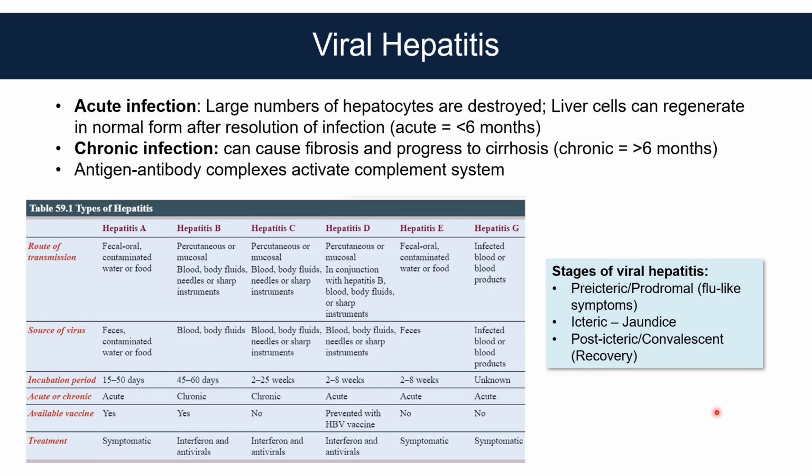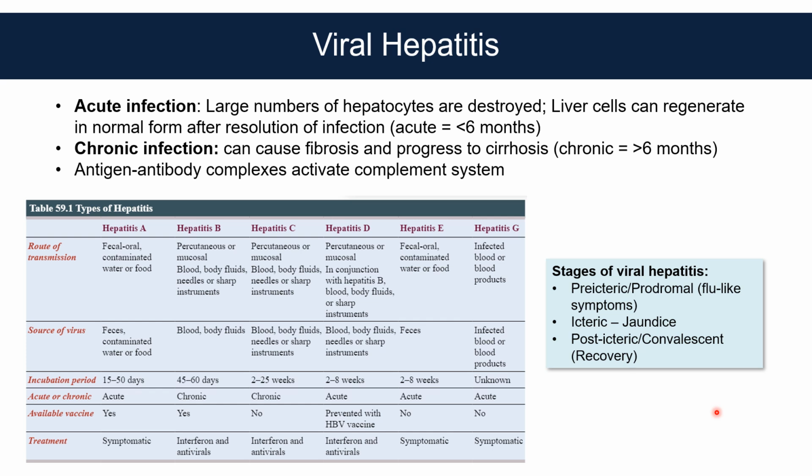So some general information about viral hepatitis. If you have an acute infection, then a lot of your hepatocytes, your liver cells, are going to be destroyed. But liver cells can regenerate, and they will regenerate once the infection is gone. In a chronic infection, it's going to lead to fibrosis, and it can progress to cirrhosis, where the liver is almost completely fibrosed.